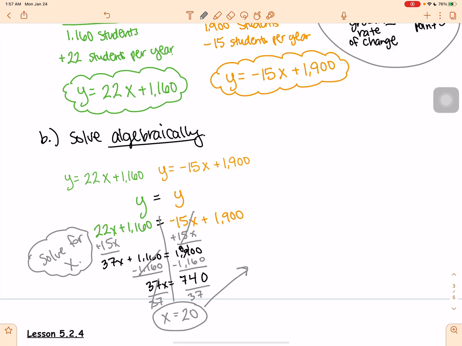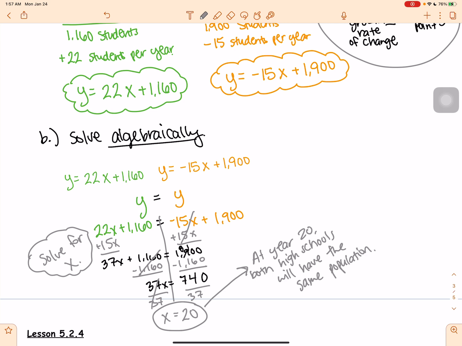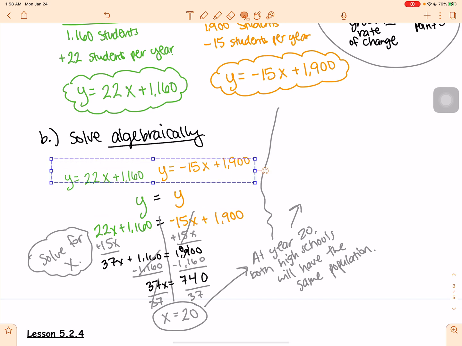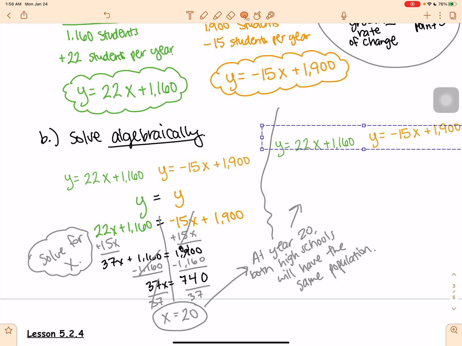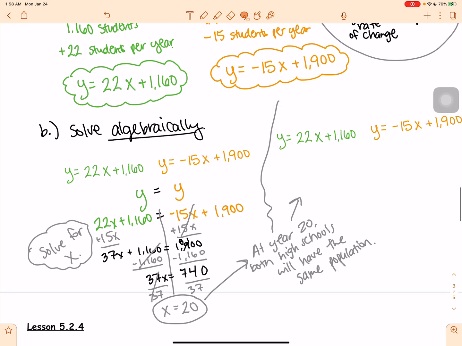So what this says is at year 20, both high schools will have the same population. So now to determine that, we need to plug in x equals 20 for each of these scenarios here.